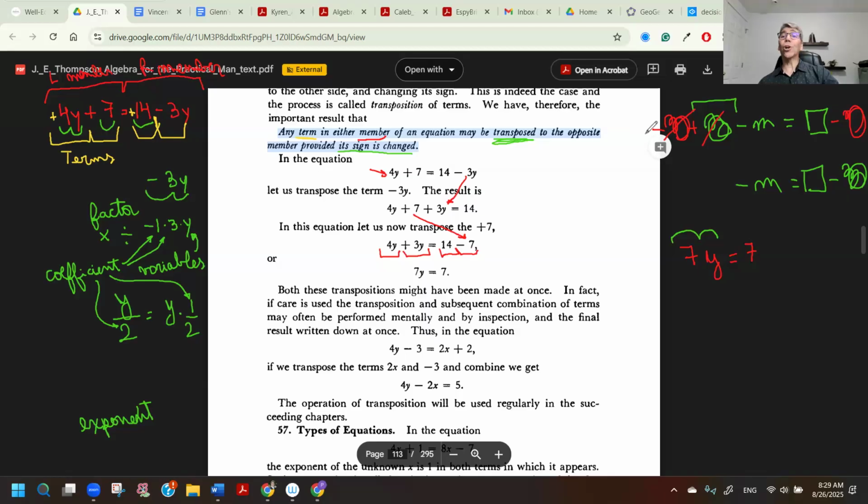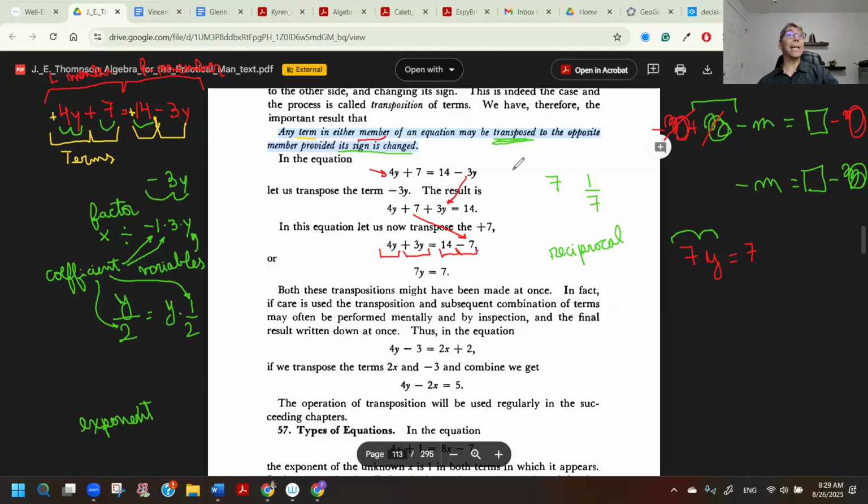When we are talking about terms, we change the sign. When we are doing factors, we need to basically do the inverse, the reciprocal it is called. So the reciprocal of the number 7 is 1/7.